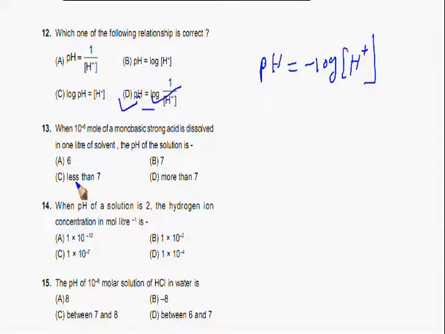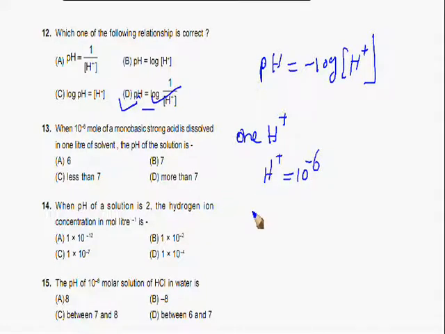Next, the second question. When 10 to the power minus 6 mole of a monobasic strong acid is dissolved in 1 liter of solvent, the pH of the solution is. According to the question, the acid is monobasic, meaning it gives only one H+, and the concentration of H+ is 10 to the power minus 6.